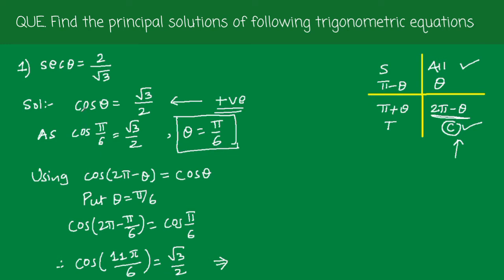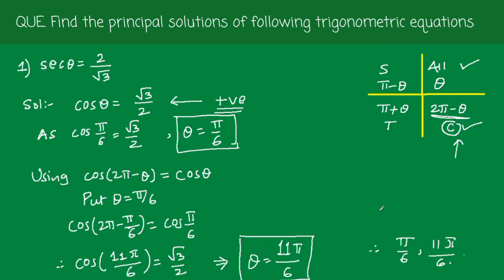So cos theta equal to root 3 by 2 means in this case theta equal to 11 pi upon 6, and this is our second solution. Therefore our principal solutions are pi by 6 and 11 pi by 6. Remember, while solving these examples for principal solution, we always make use of the value in the first quadrant.